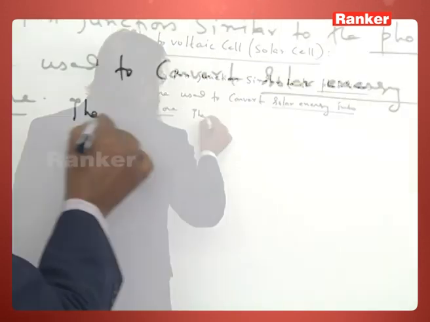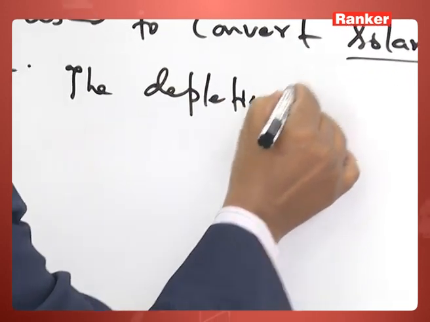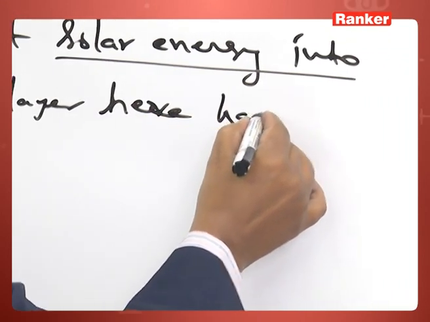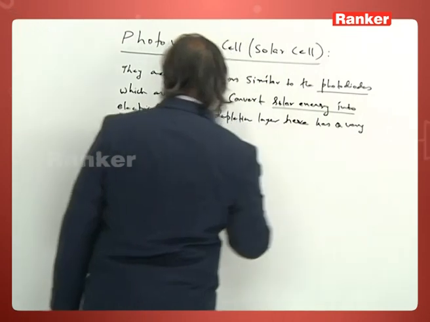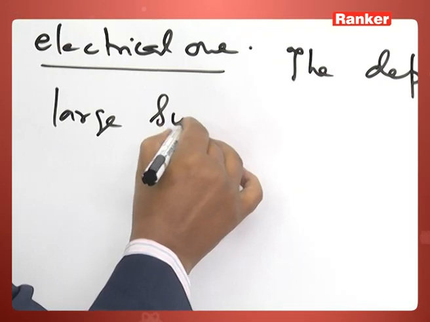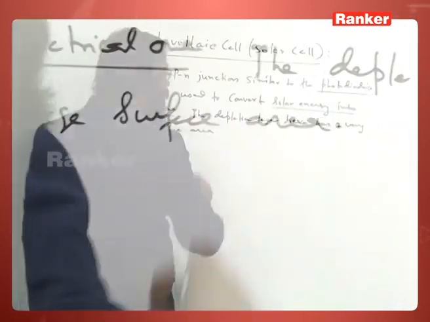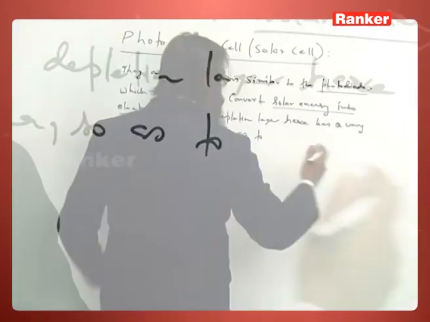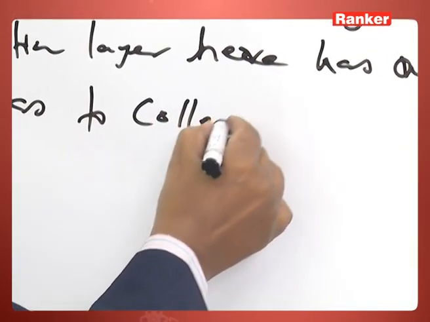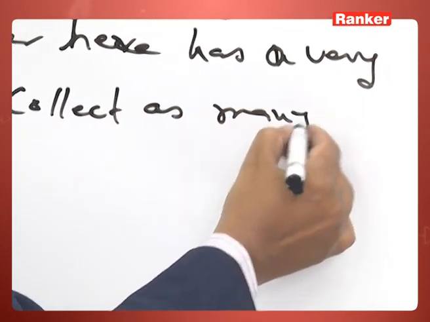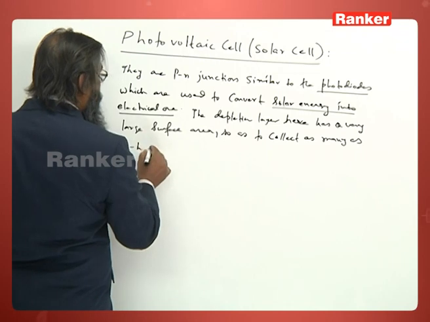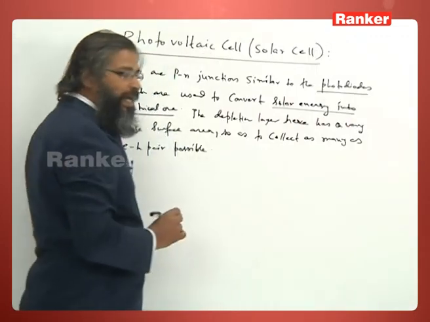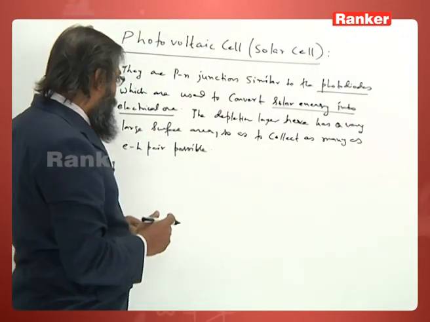The depletion layer here has a very large surface area so as to collect as many electron hole pairs as possible.